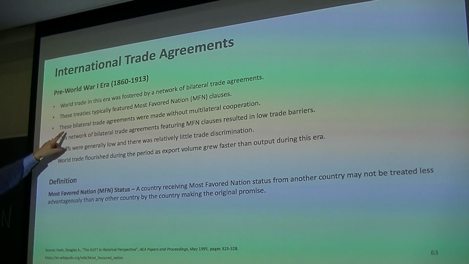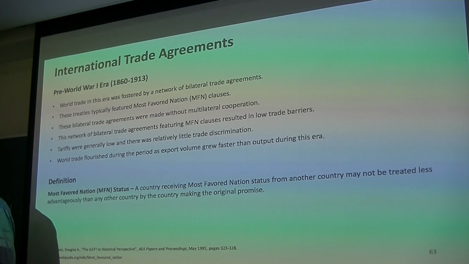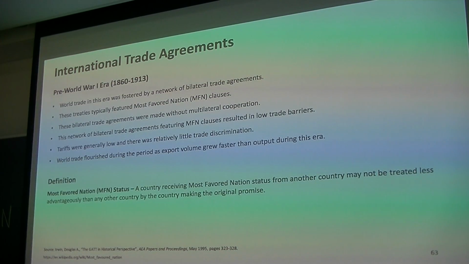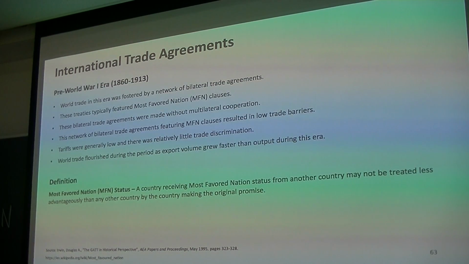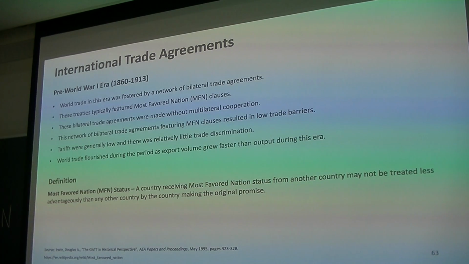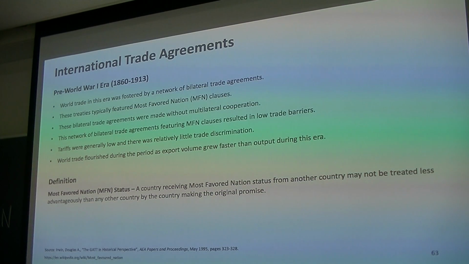Now, a very important feature of this is that the bilateral trade agreements in the late 19th century were typically made without multilateral cooperation. You did not have multilateral bodies at that time. You had country A and B, then A and C, and B and C making agreements.